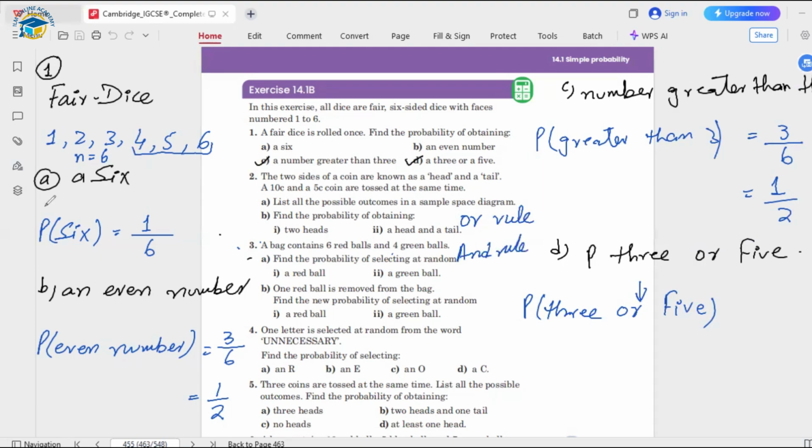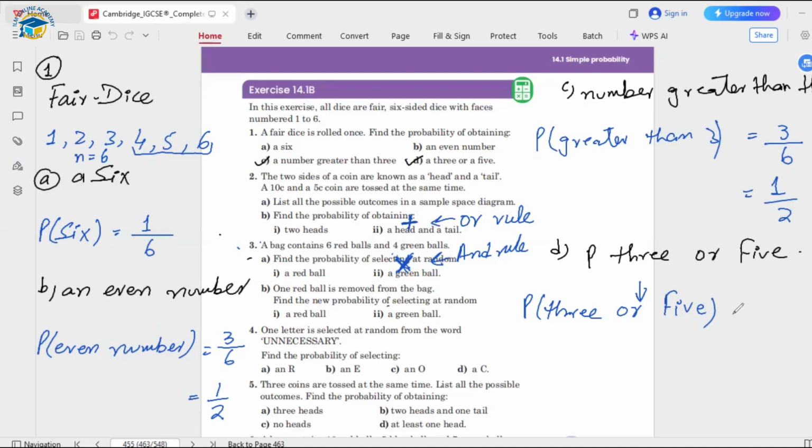If they have given us the or rule, that means the two probabilities that we are finding, we need to add them. Or is for addition. And if they gave us the word and in between two possibilities, we need to go on with multiplication. Okay. So for or we need to go on by addition, and for and we will be going on with multiplication. Okay, so this rule as well is important.